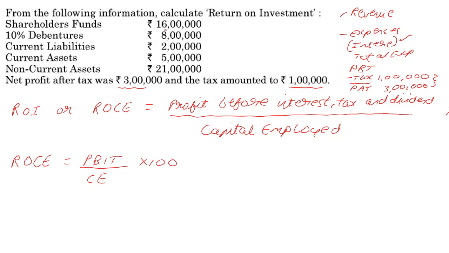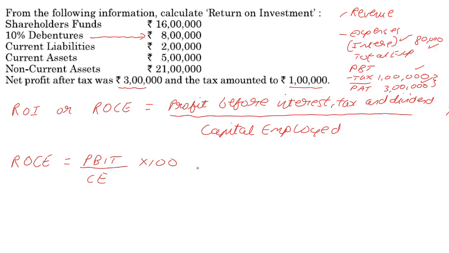Shareholders funds is given to us, 10% debentures is given to us, current liabilities, current assets, non-current assets. The only debt is 8 lakhs, 10% of which is going to give us 80,000. So the profit before interest, tax, and dividend is going to be 80,000 plus 1 lakh plus 3 lakh.